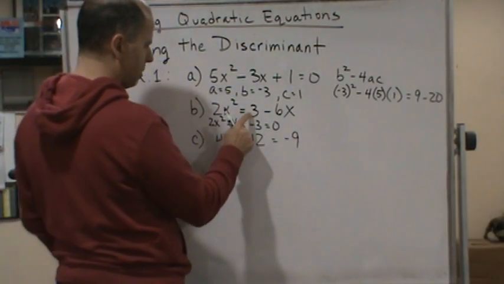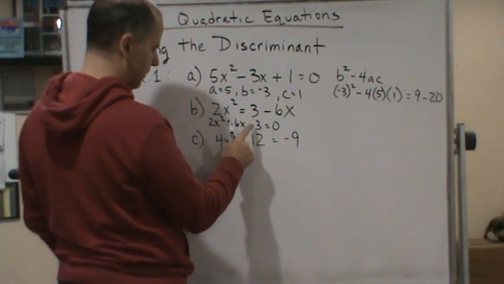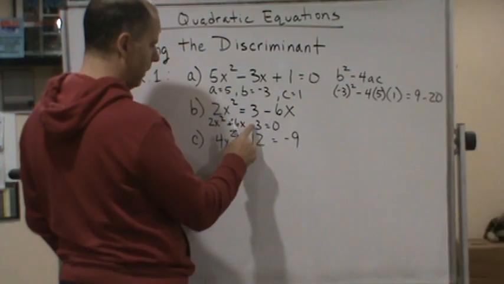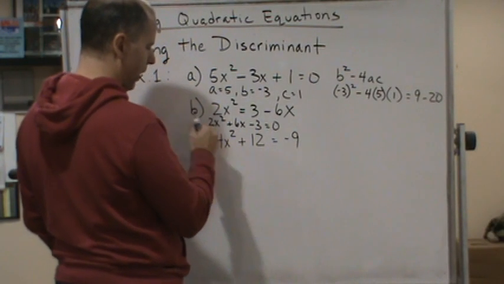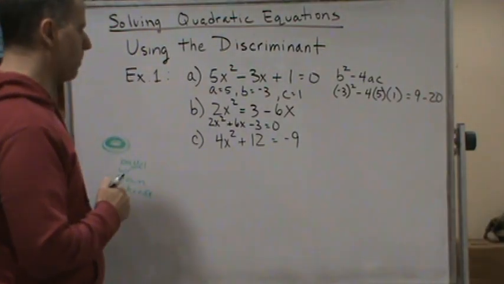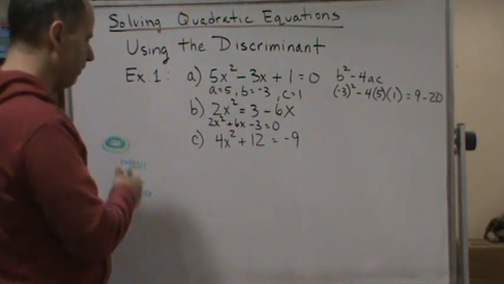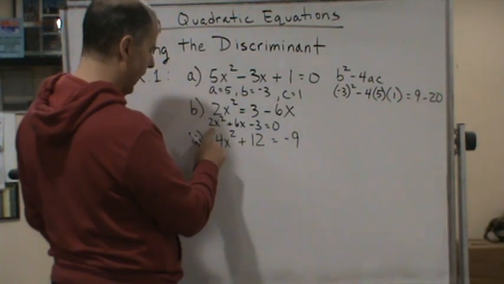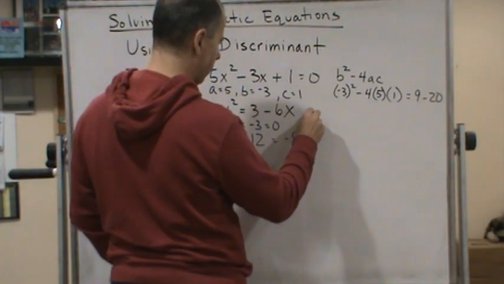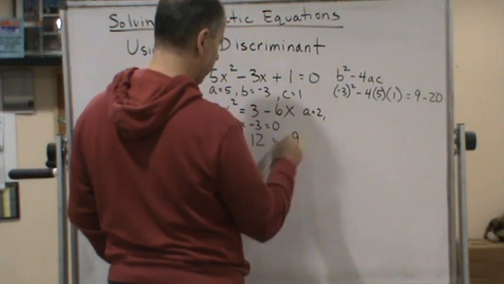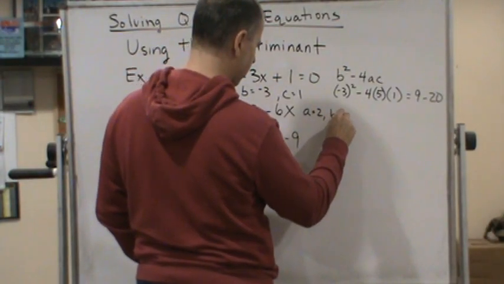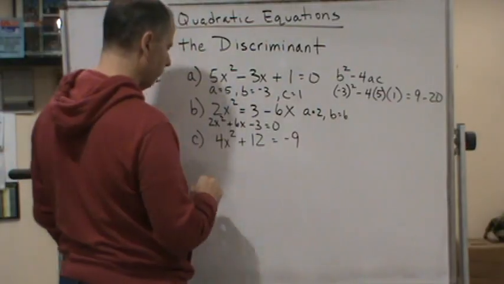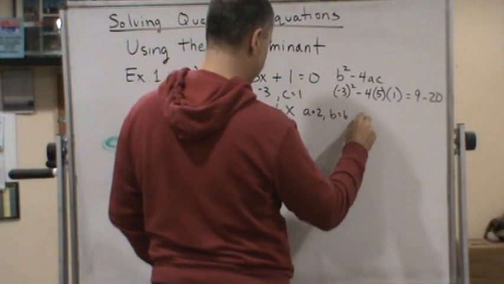I have to subtract the 3 from both sides, that gives me my minus 3 here. And I have to add 6x to both sides, and that gives me my plus 6x here. Okay? And now I know my A is 2, and my B is 6, and my C is -3.